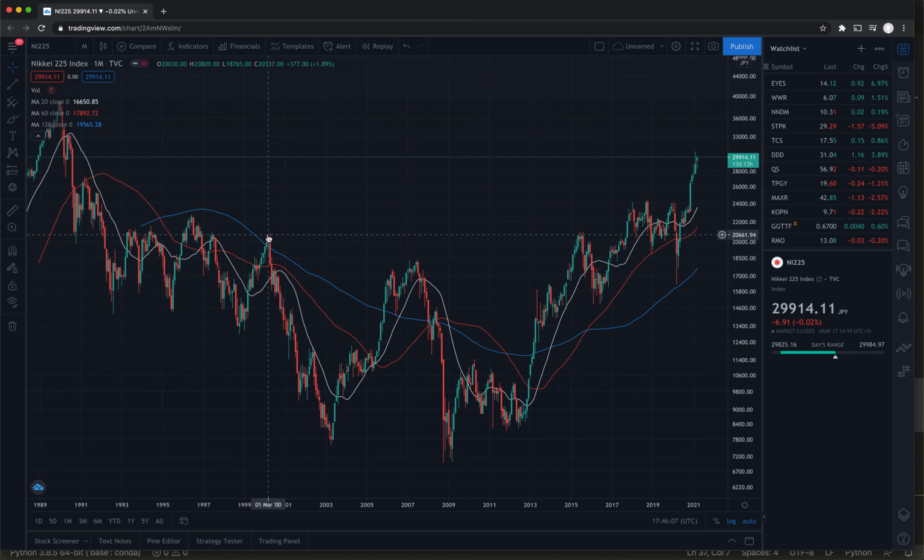How long does it take to recover to the same price level? It took almost 20 years. This is 2020 now, my cursor is at the year 2020. Almost 20 years to recover the price level, and not by much, up until now.